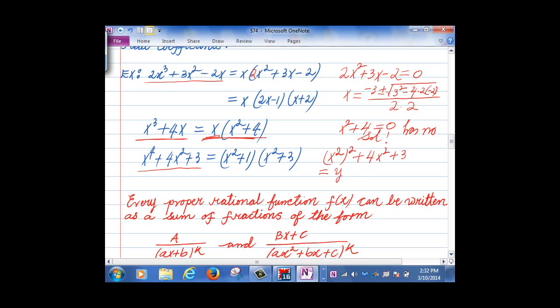Notice that if I replace x squared by y, I get y squared plus 4y plus 3, right? And everybody knows how to factor that. What do you get? You get y plus 1 times y plus 3, right? And then I replace y by x squared again. So that's how I'm getting this. You guys are okay with that? Everybody sees that?